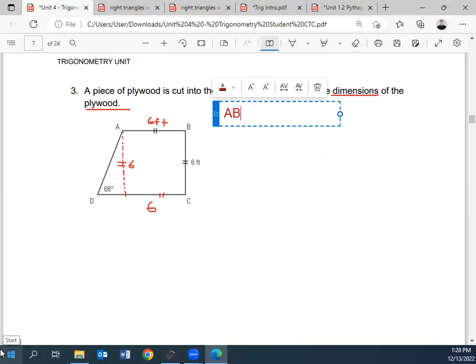If I say AB, what that technically means is the length between point A, the little corner A, and the corner B. What's the length of AB? 6 feet, right? So technically, this is asking you to do AB plus BC plus CD plus, not DA, AD.